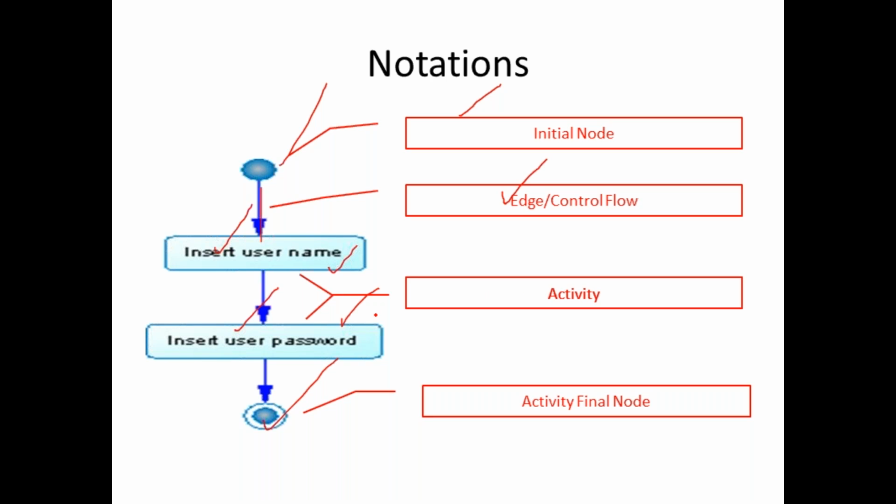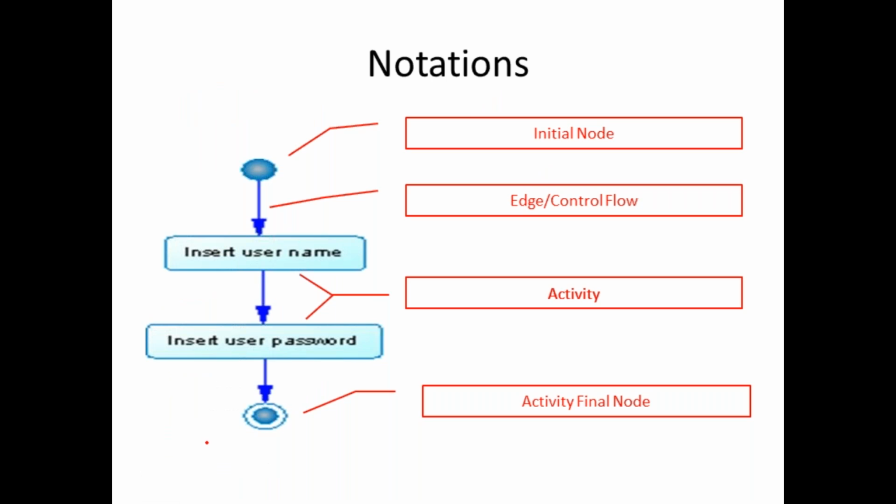In a flowchart, it is similar to an ellipse or oval for starting, activities in rectangles, and the final node is also similar to the start symbol.